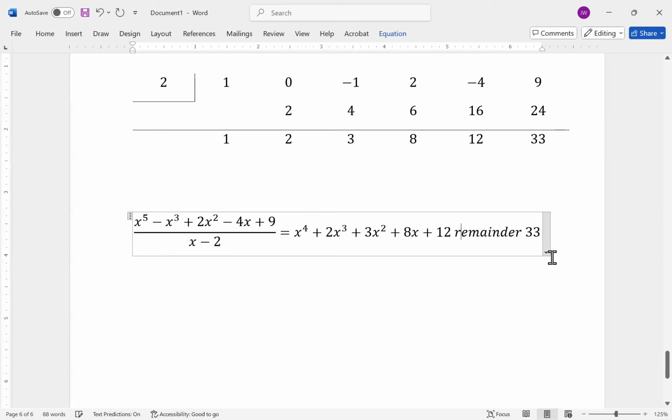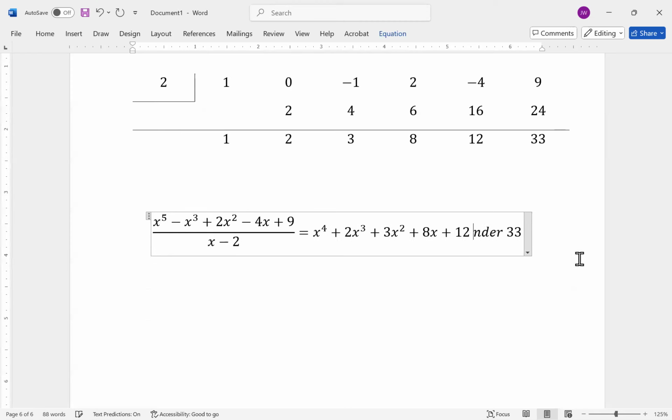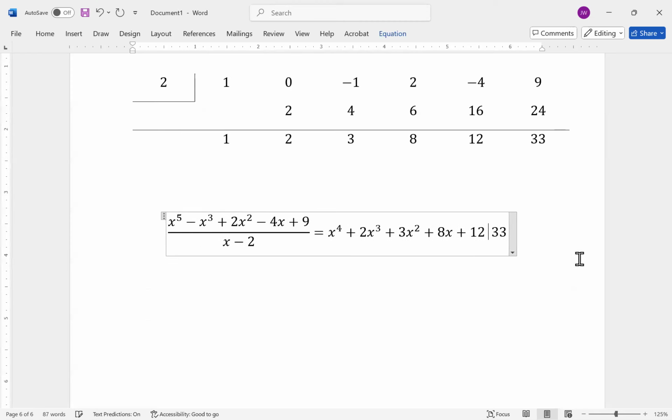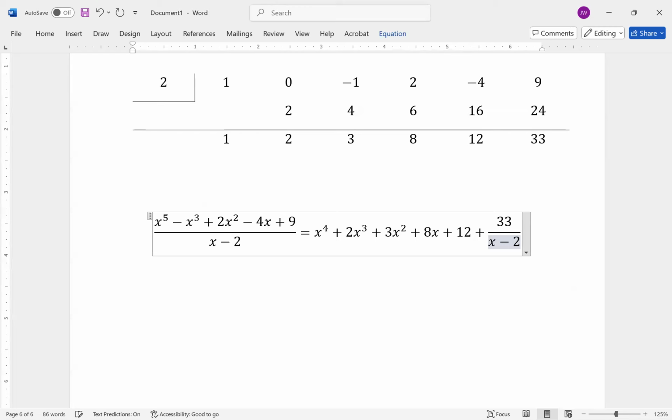Or if we'd rather write it out in the more formal way, I'd say plus 33 over x minus 2. That's the more formal way of writing it. So there we go. That's the division.